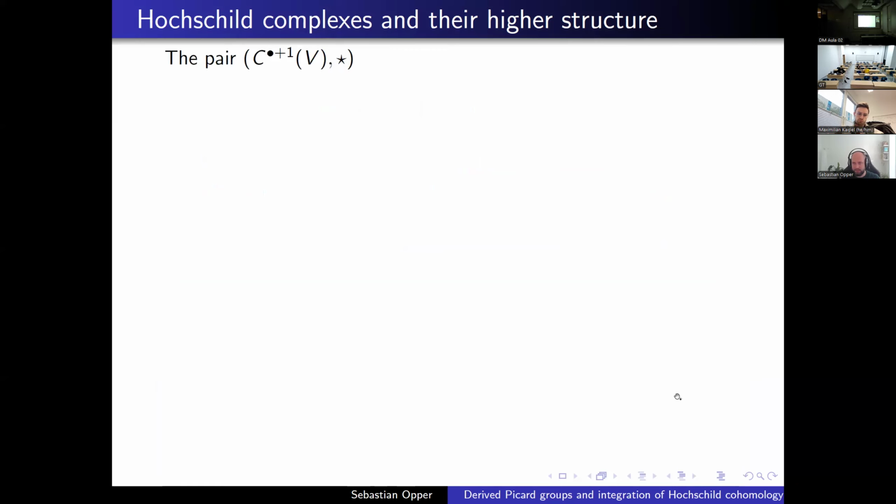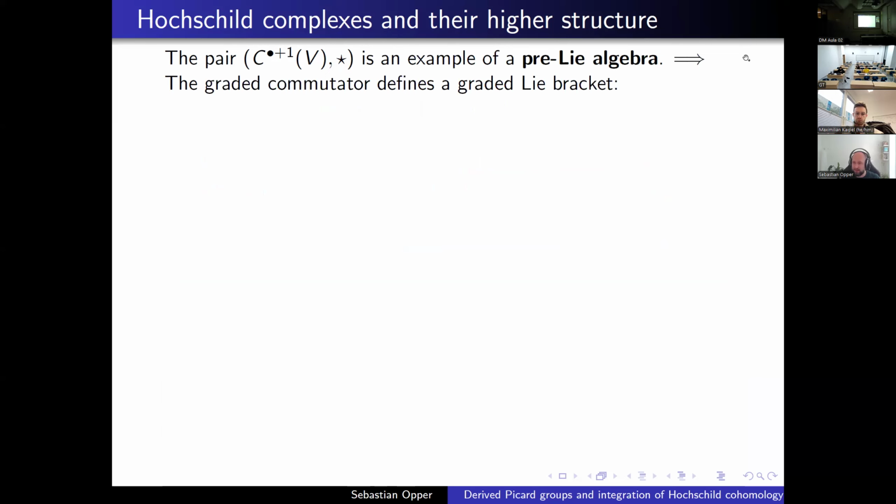Okay. And this composition product is not associative, but if you again shift the complex a little bit, it still belongs to a class of so-called pre-Lie algebras. They're not associative, but still good enough so that if you take the graded commutator, you get a graded Lie bracket.